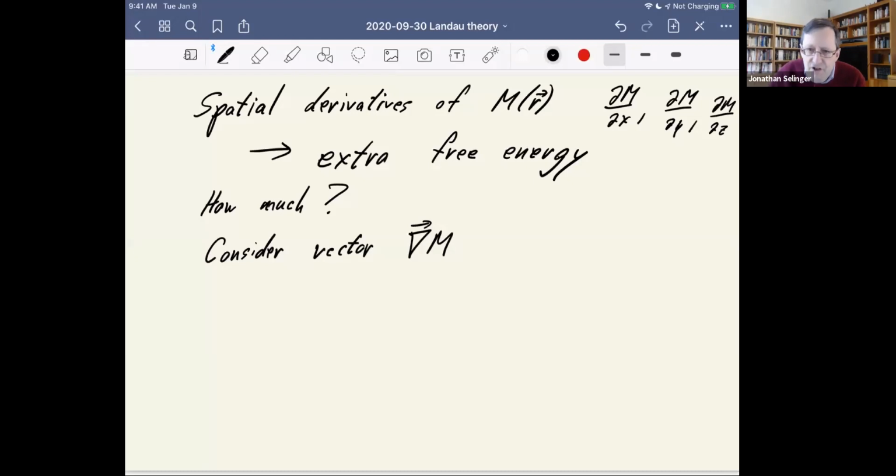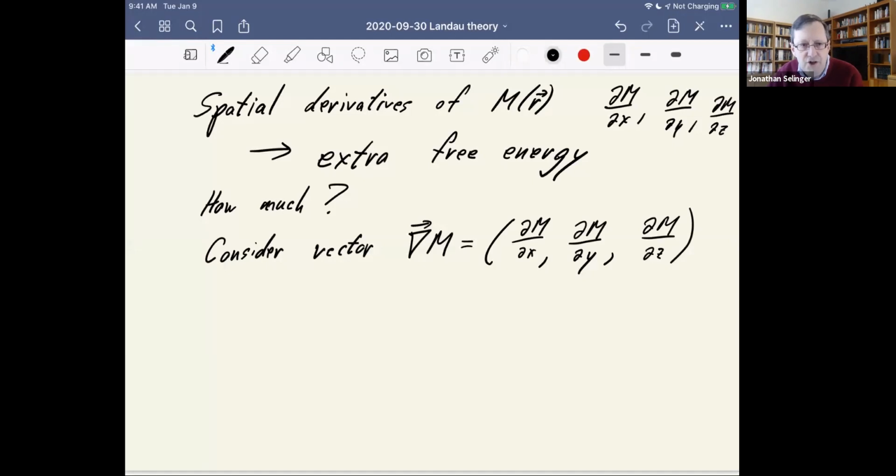Okay? So this is the vector which is dm dx in the x direction, and dm dy in the y direction, dm dz in the z direction, right? This is what you learn in multivariable calculus courses, right?